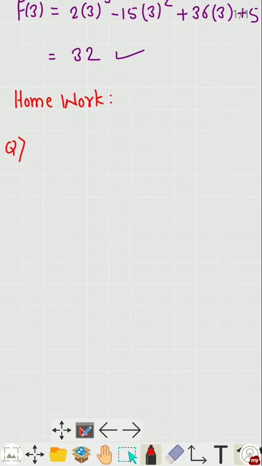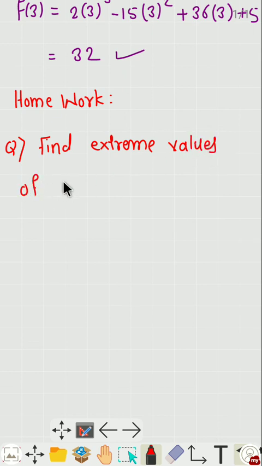Find the extreme values of the function f of x is equal to x plus 1 upon x.